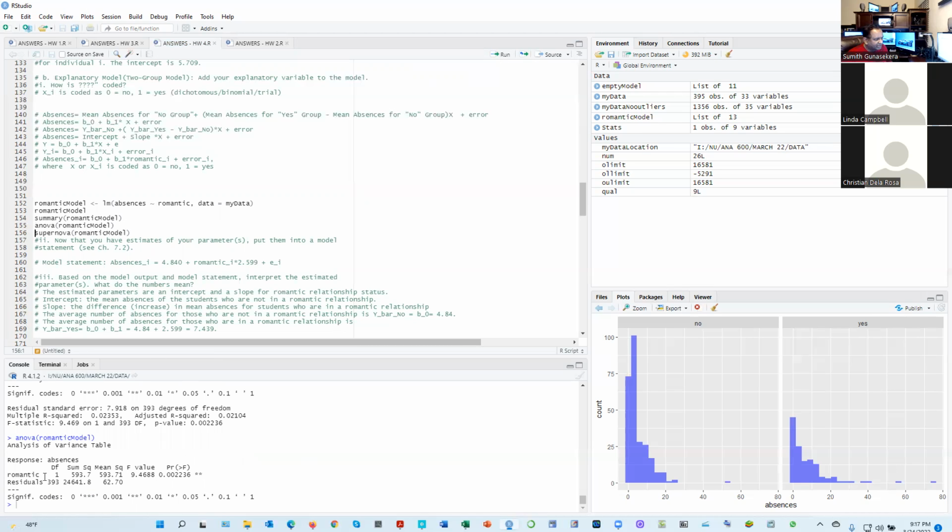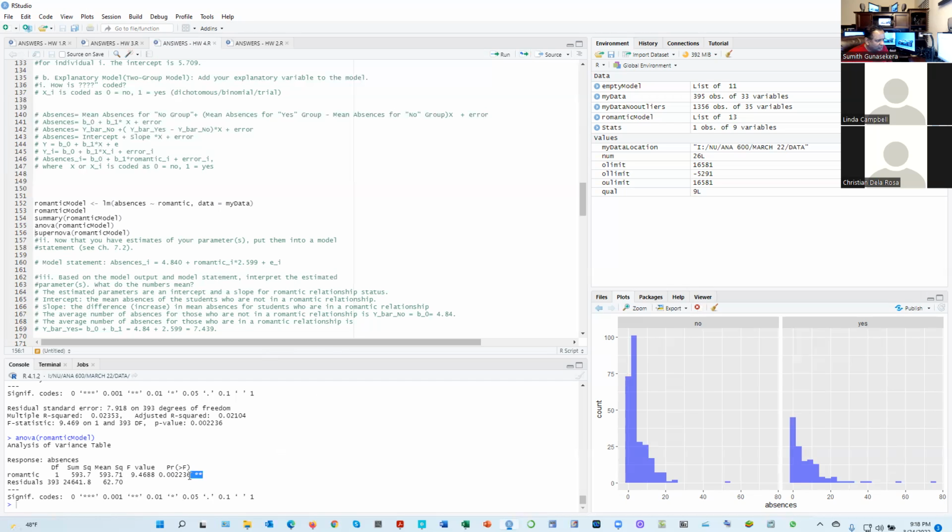The F value is already mentioned here too: if you run the summary, it's 9.469. The degrees of freedom are 1 and 393, one for the model and the second for error. The p-value is displayed here too.